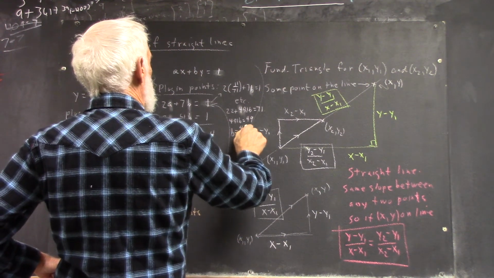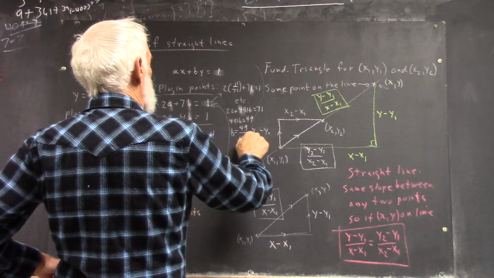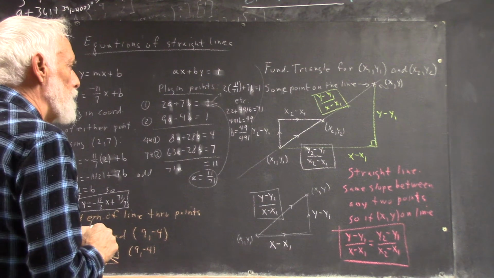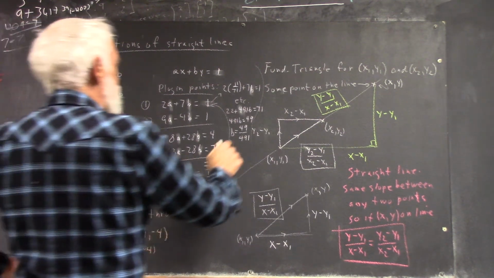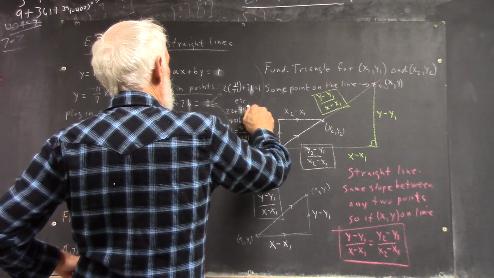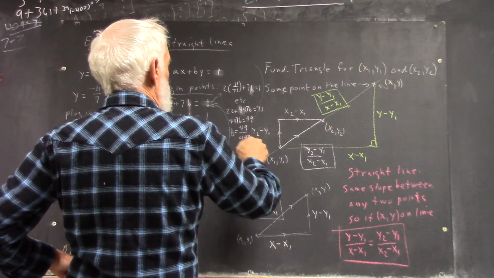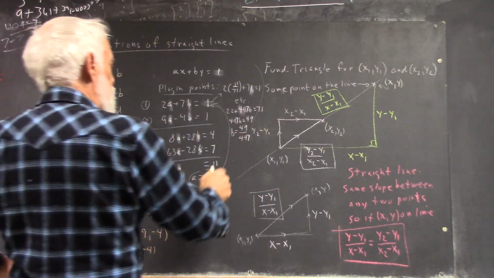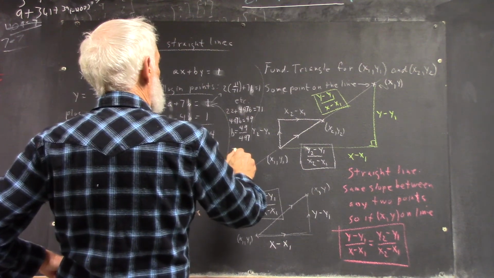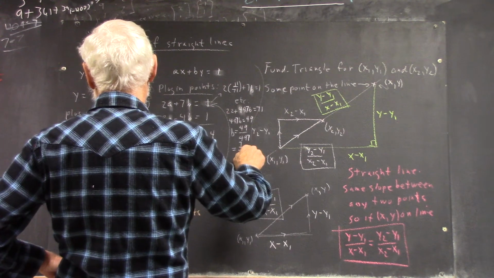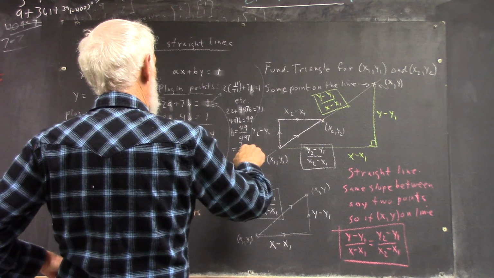B equals 49 over 497, not 491. Has to reduce, okay? Which equals 7 over 71.